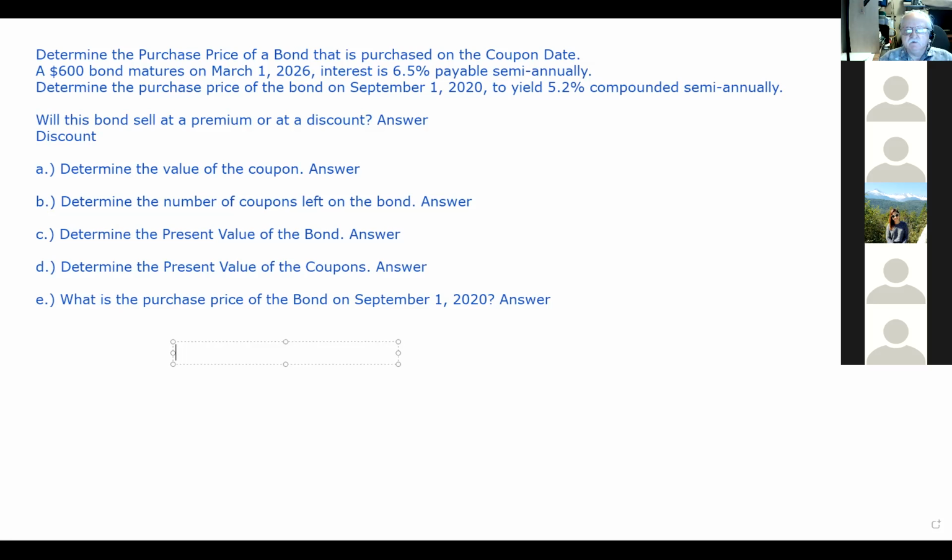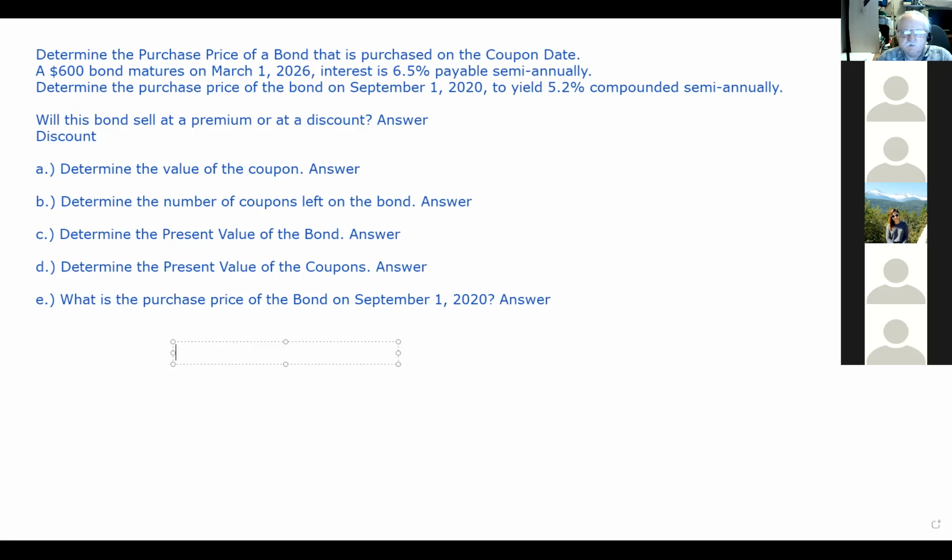If you were given the choice of investing at 5.2% or buying an investment that was worth 6.5%, you would say to yourself, well, 6.5% is a better rate of interest than 5.2%, and so I'd prefer to buy the investment that is paying 6.5%.